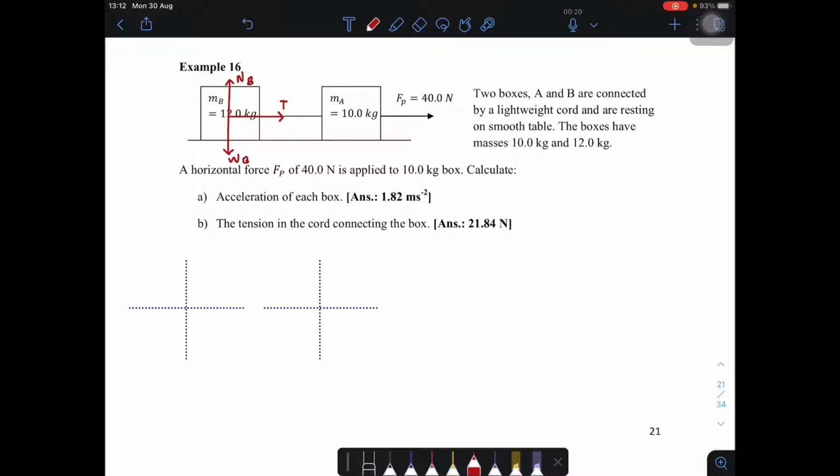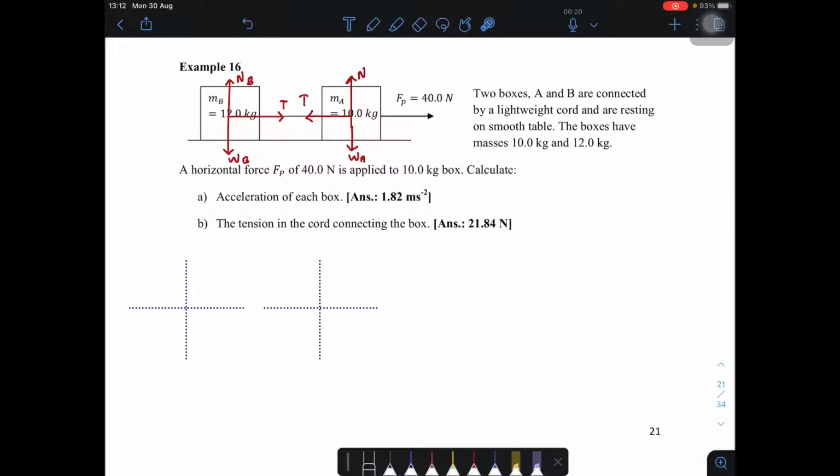And for this one, same thing. You have weight force and normal force, and this one also has the tension force, because it is also connected to this box.